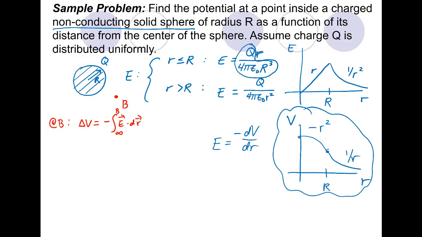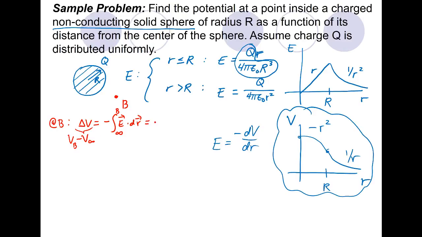This is not too bad. And basically what delta V is in this case is V of infinity minus V of B. Or, sorry, V of B minus V of infinity.